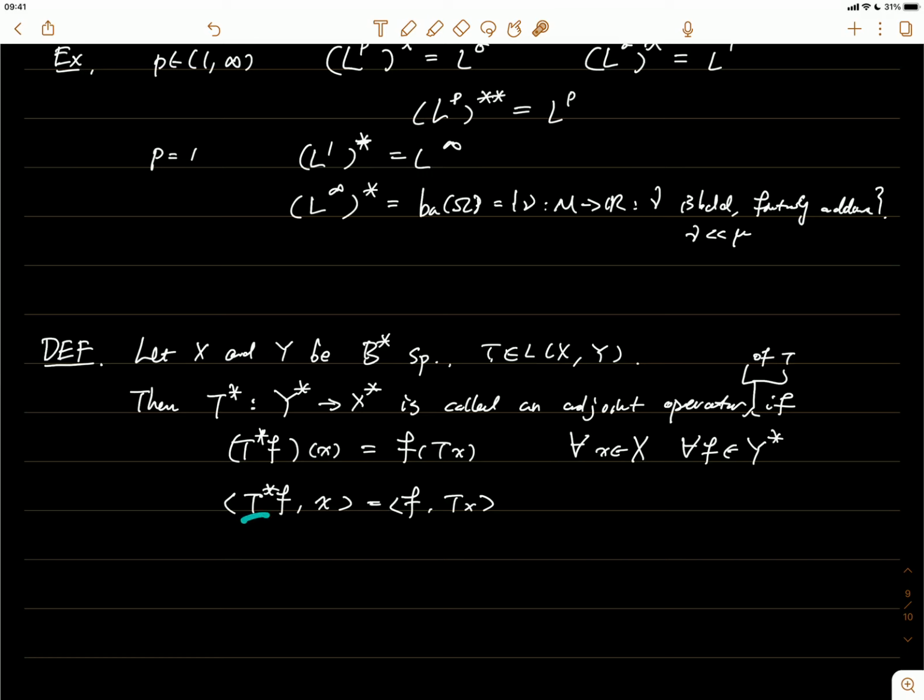If you have T as a matrix and x as vectors, then T star is like the transpose of T.